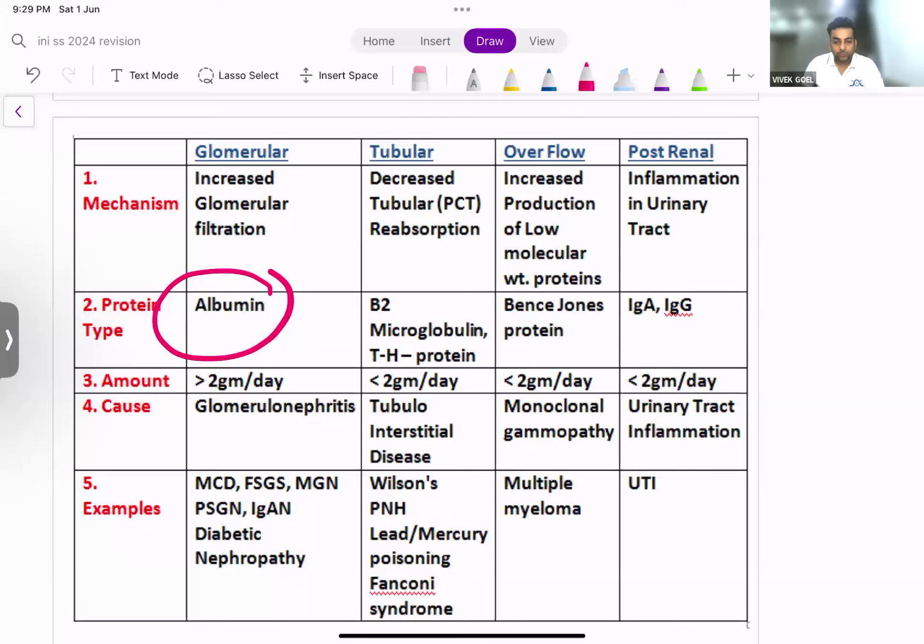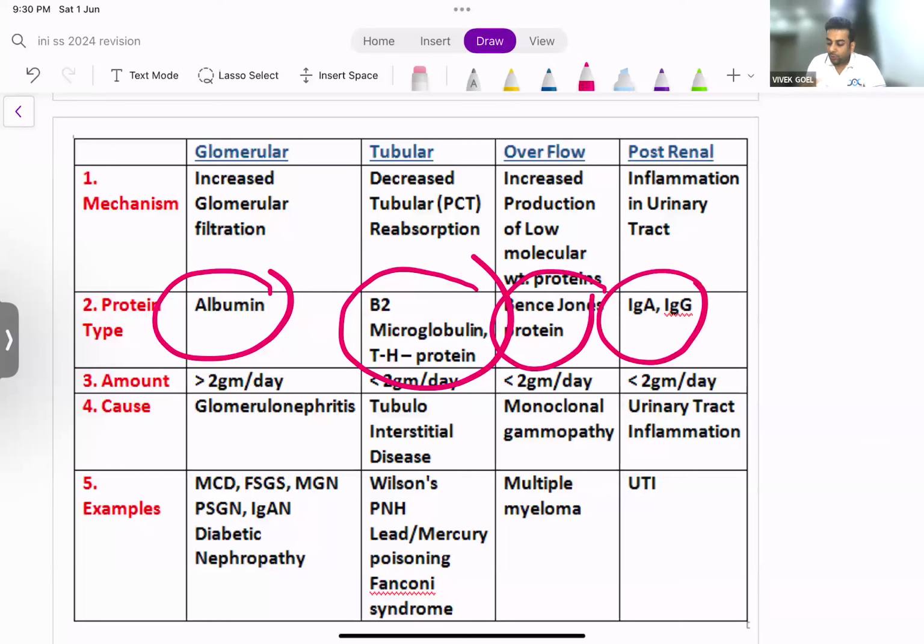The tubular proteinuria occurs due to decreased tubular reabsorption, and the types are Tamm-Horsfall protein and beta-2 microglobulin. Again, this is of milder variety, so it leads to less than 2 gram per day. Overflow proteinuria is due to increased production of low molecular weight proteins. That is due to Bence Jones protein. And they can be less than 2 gram per day or even can be more than 2 gram per day.